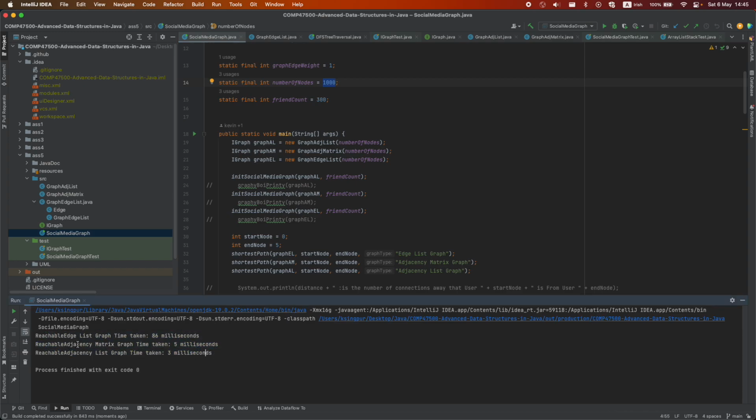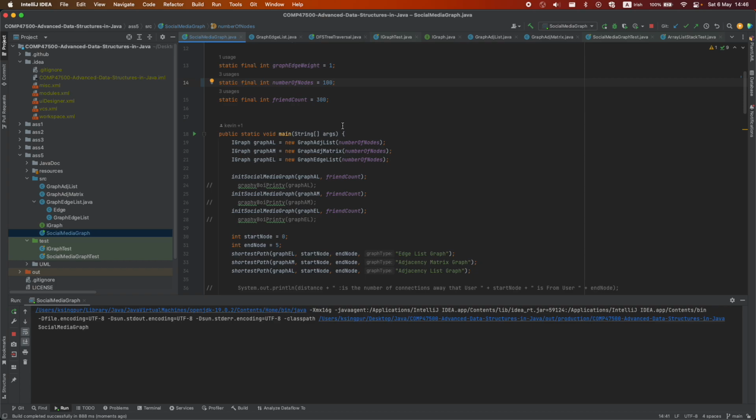So yeah, basically the edge list isn't very good because we're trying to find nodes, so it will always be quite slow. In this case, the matrix took a bit longer than the adjacency list. And let's say I wanted to make the matrix faster, probably lower the number of nodes.